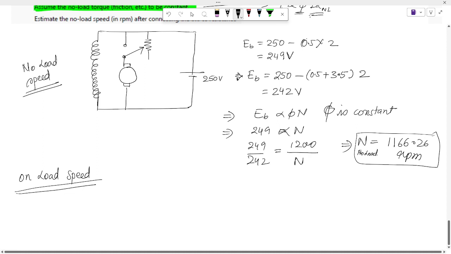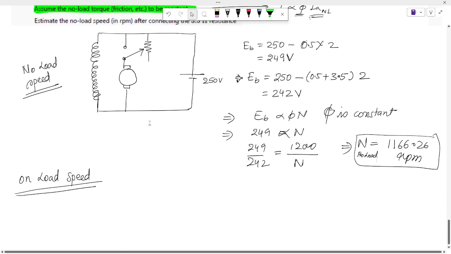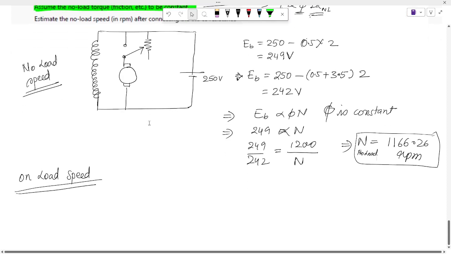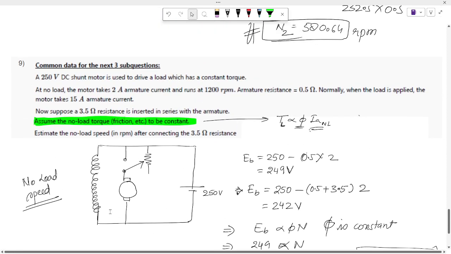How will you do it? Now EB will be, but we don't know the value of the armature current now.